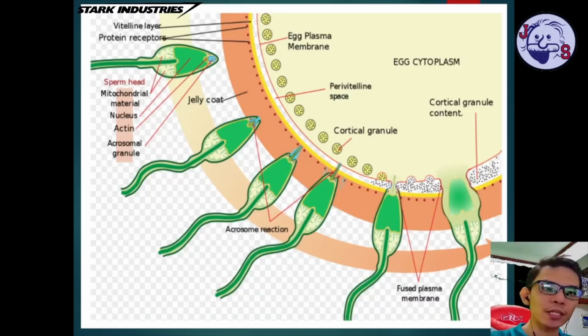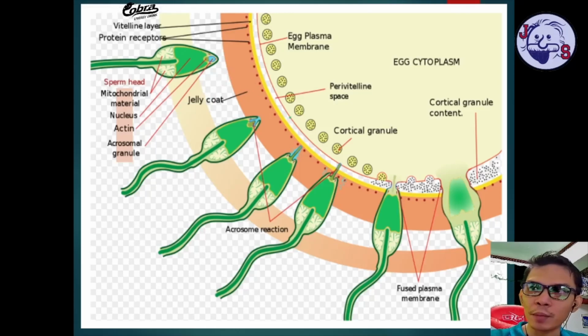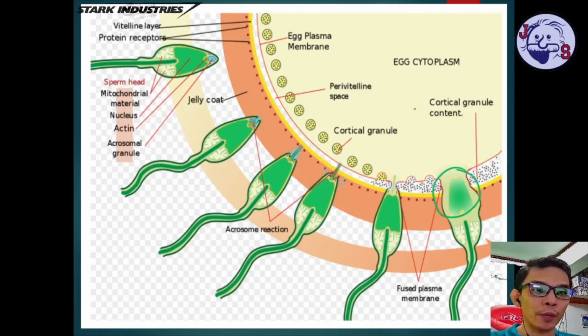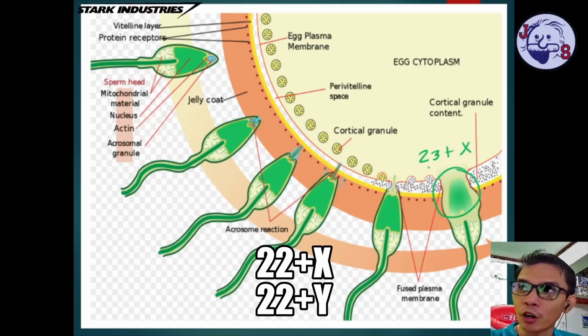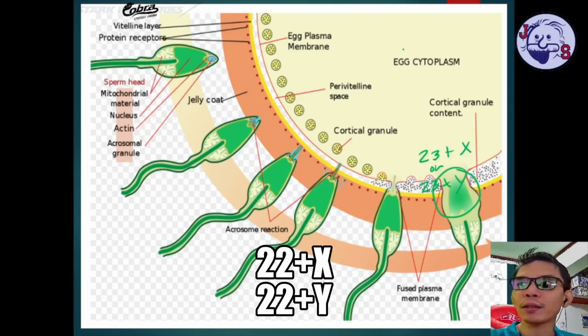During fertilization, as I've said earlier, all the sperm needs to do is to disintegrate the barrier that protects the egg cell. Once the barrier is disintegrated, the important cargo of the sperm cell, which is the 23 plus X or 23 plus Y, will combine with the nucleus of this egg cell.